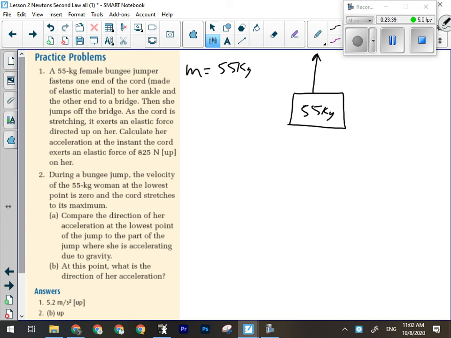This is the force upwards of the bungee cord. It's 825 newtons. What force is this arrow? Gravity. Yeah, this is the force of gravity. Can I calculate that? Yeah, I have her mass and gravity's 9.81. So yes, I can definitely calculate that.